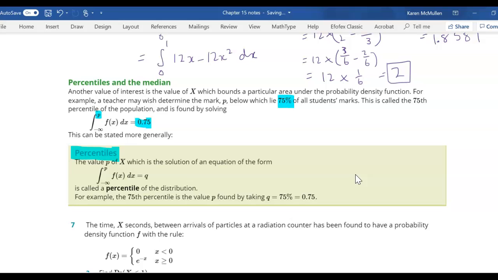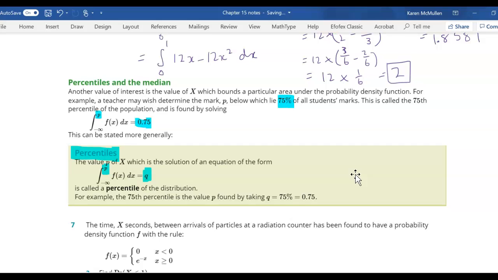Or if you wanted to do the 25th percentile, the 90th percentile, you just convert it, or the value Q here is representing the percentile. So you just convert your percentage or percentile into a decimal. All right, so exactly the same thing. We're just finding the upper limit, or maybe the lower limit, and Q is our percentile, which we need to put as a decimal.